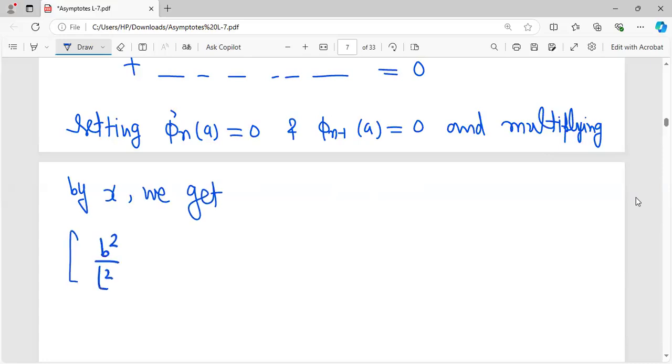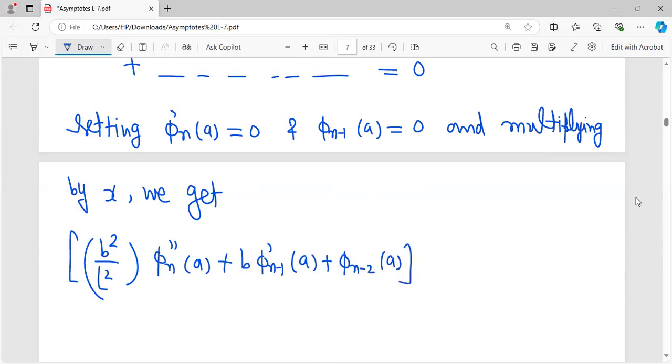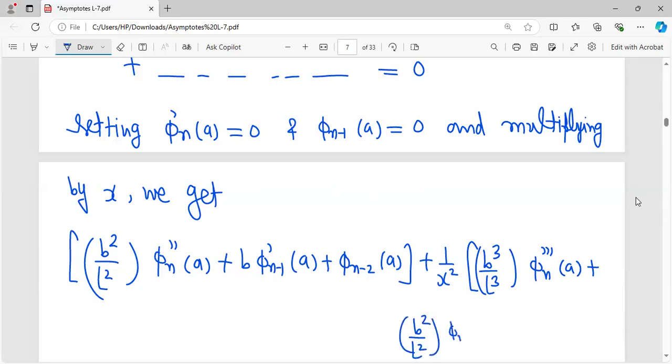B square upon factorial 2 phi n double derivative at a plus b phi n minus 1 derivative at a, phi n minus 2 a, plus 1 upon x square, b cube upon factorial 3 phi n triple derivative at a plus b square upon factorial 2 phi n minus 1 double derivative at a, b phi n minus 4 derivative at a plus phi n minus 3 at a.